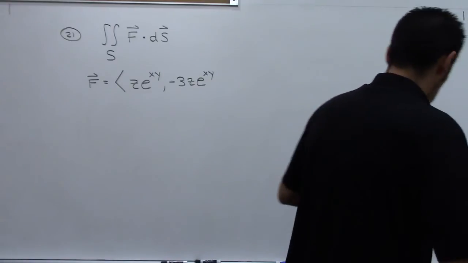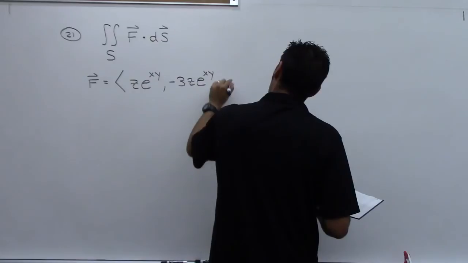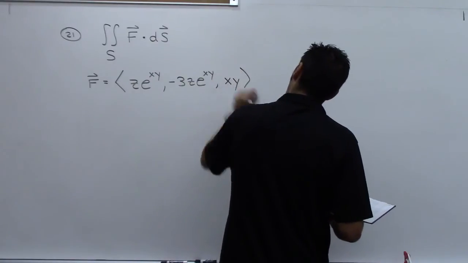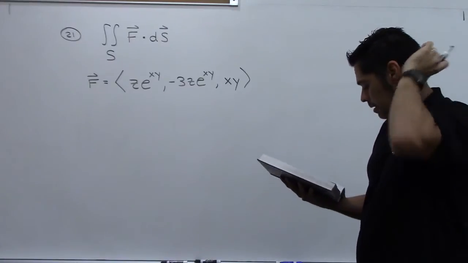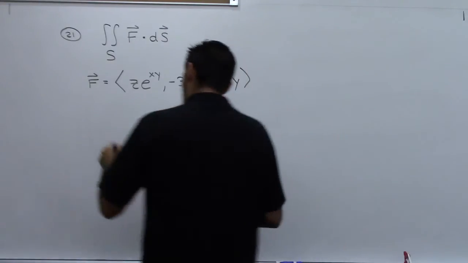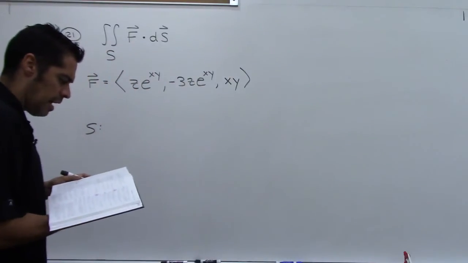Yeah, I did not do this one. So there's our field, and then the region S is the parallelogram of exercise 5.